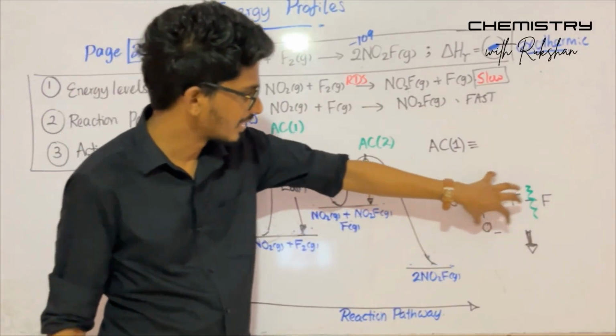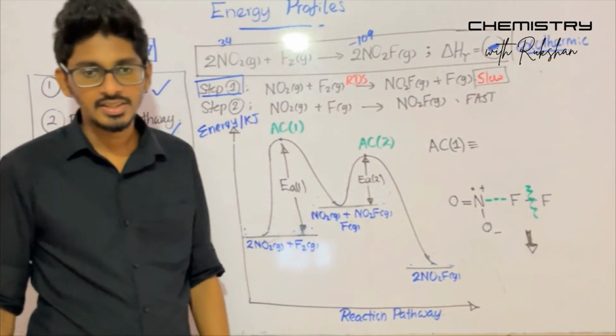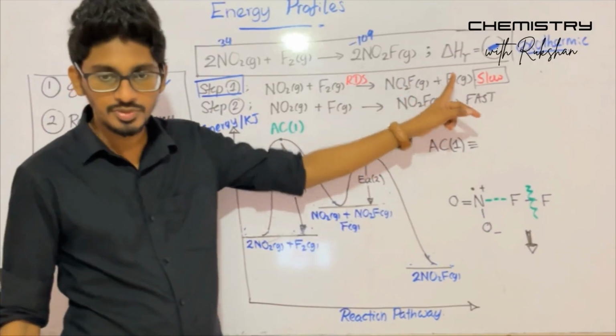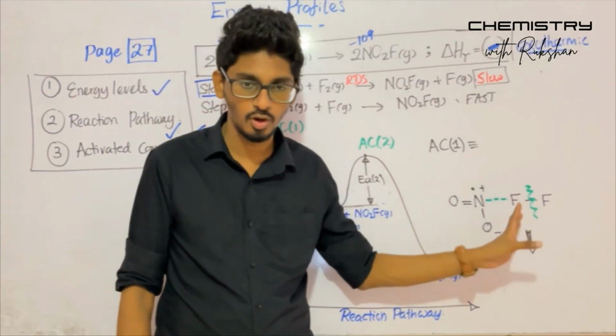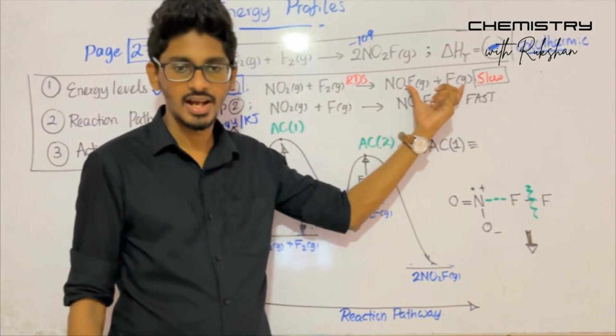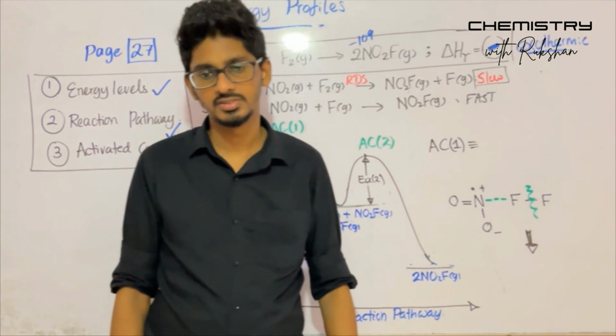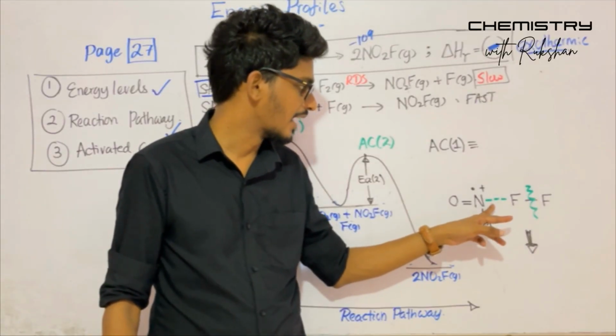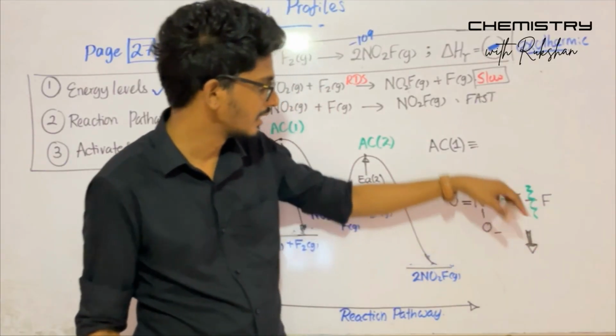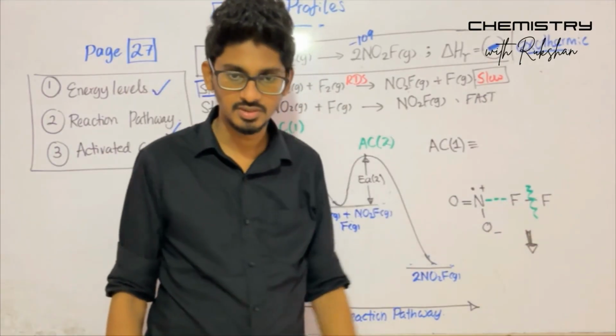I have drawn these black colored things. Then look at the products of step 1 and see what bonds are to break and what bonds are to form to come up with those products. See, if you form a bond from here and break this bond, you will come up with the NO2F and the F.